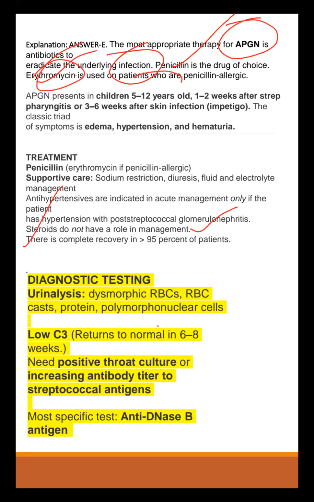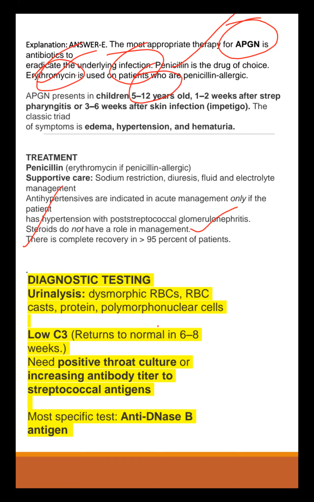Children 5 to 12 years, my scenario's age was 10 years, 1 to 2 weeks after streptococcal pharyngitis, or 3 to 6 weeks after skin infection, impetigo: edema, hypertension, hematuria. These are the triad of your scenario. Edema there, hypertension there, hematuria there.